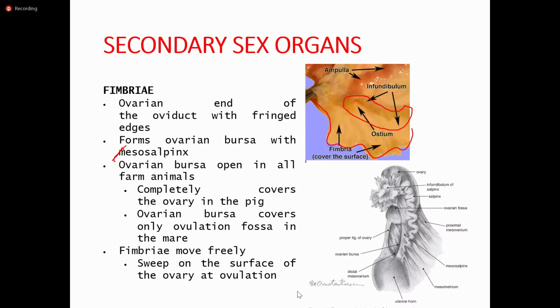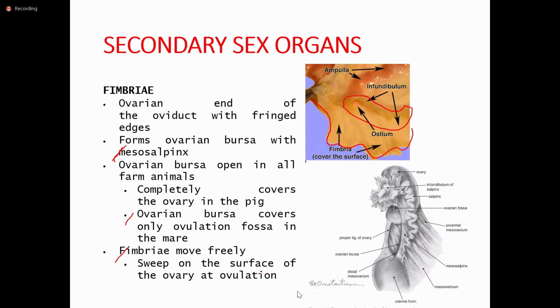It covers completely the ovary of the pig. And then in the horse, or the mare, it covers only the ovulation fossa. This is a sweep on the surface of the ovary, ready na saluhin yung mag-ovulate na egg.